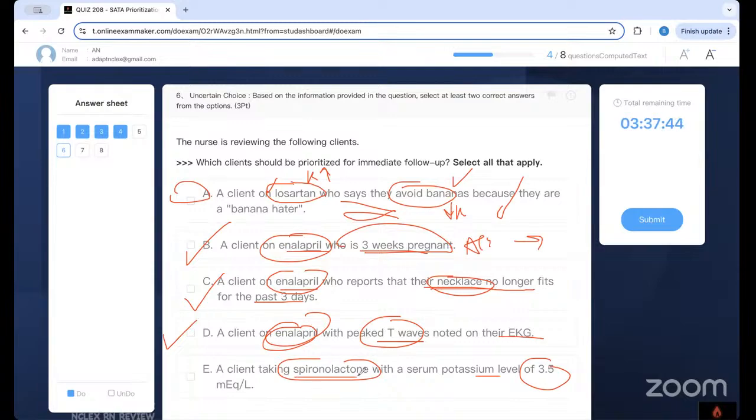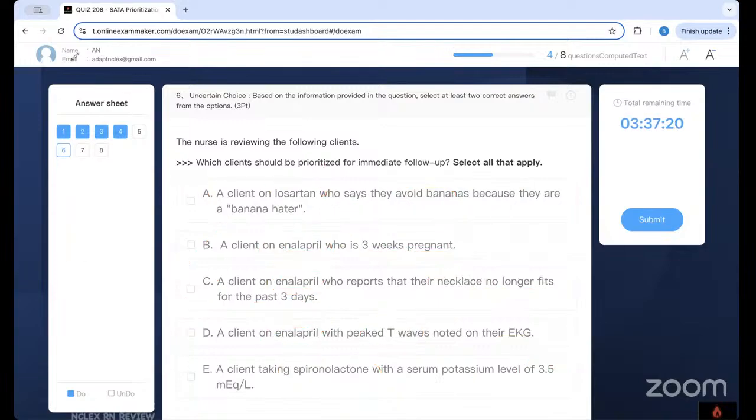If I take spironolactone, my potassium is 3.5. Think about it. Spironolactone is going to increase your potassium anyway. So if your potassium is 3.5, this is also low normal. It's going to go up, so I'm not going to worry about it. This is all normal. The spironolactone will bring it up anyway. If I give you potassium, the spironolactone will give you more potassium, and you have hyperkalemia.